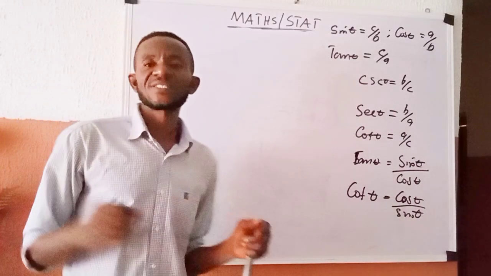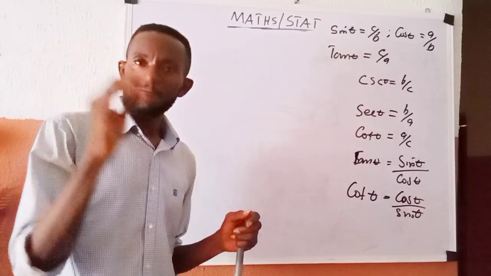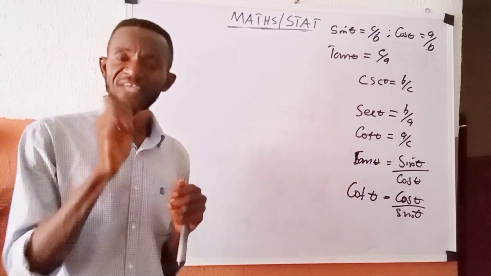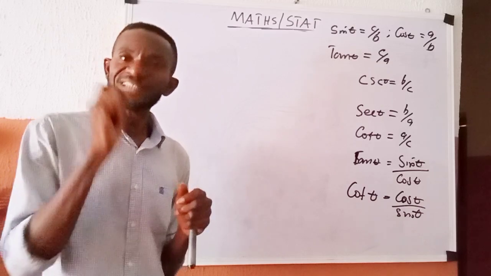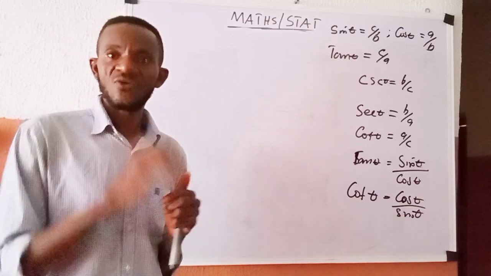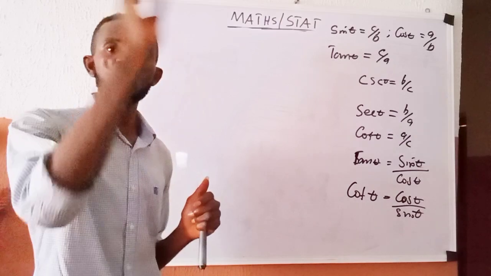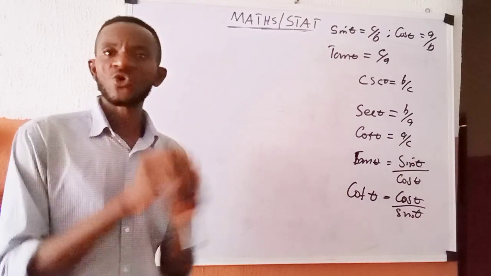The first Pythagorean identity says that sin square theta plus cos square theta equals 1. They ask us to prove it.